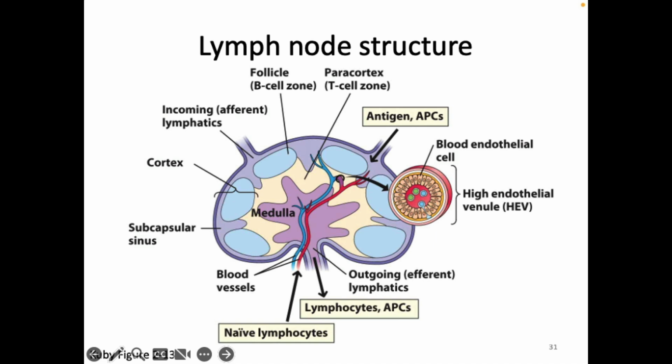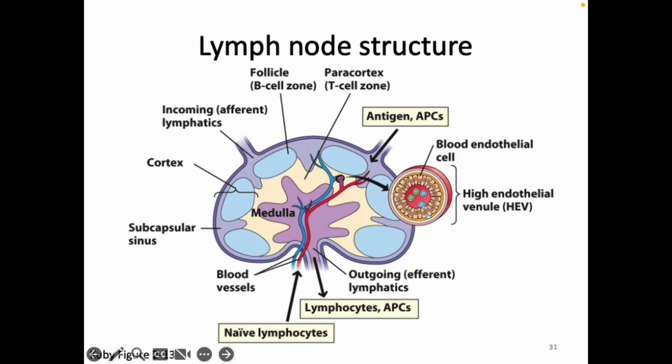And what you'll notice is that the lymph node has a bunch of different types of areas. And so those different antigens and those dendritic cells can actually go to a few different areas in the lymph node. So that's how we get the antigen in the lymph node.